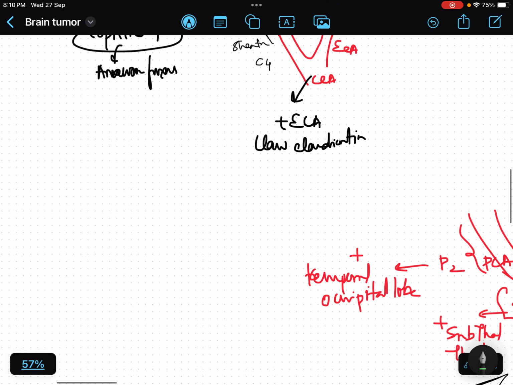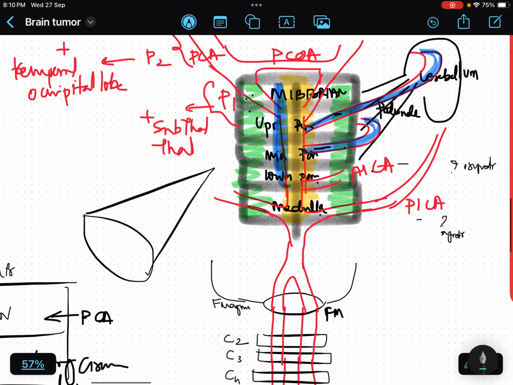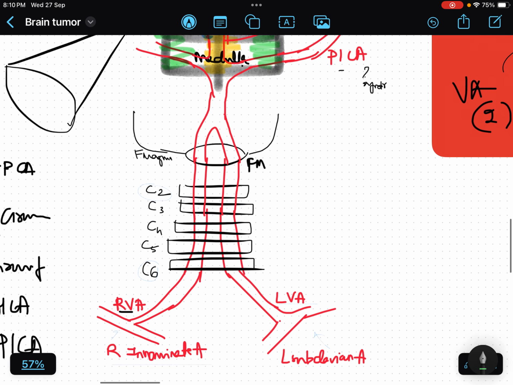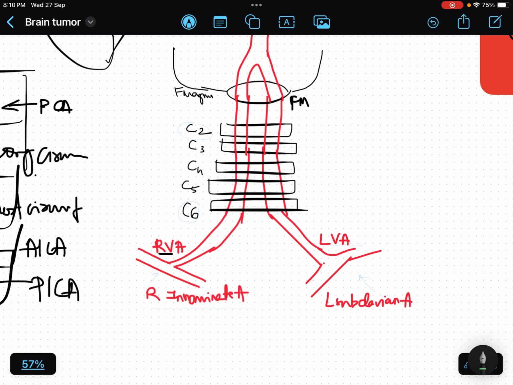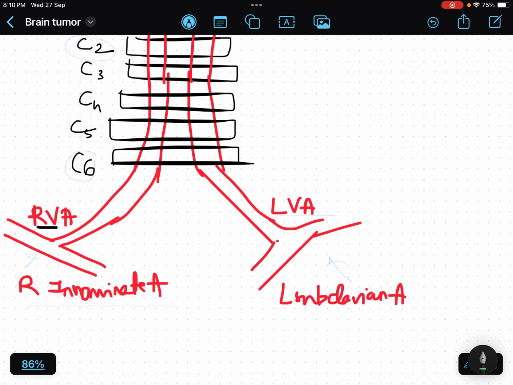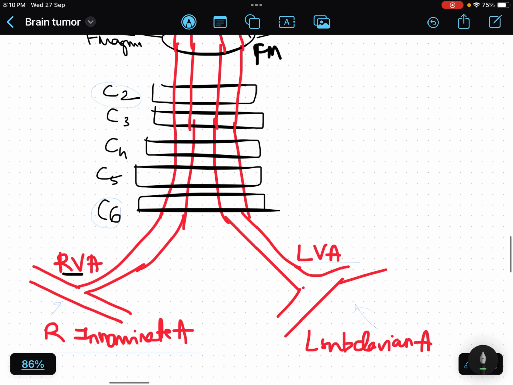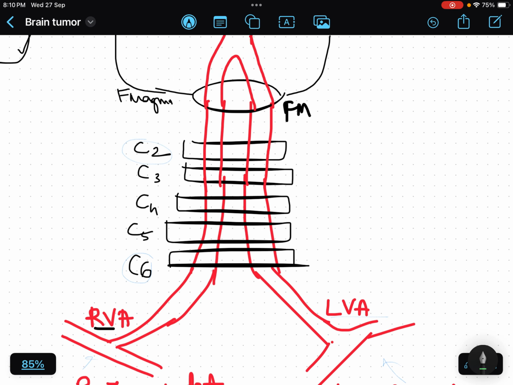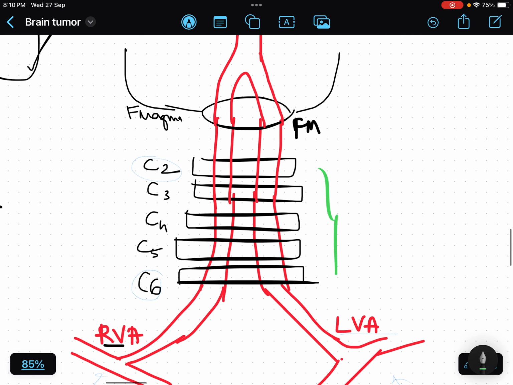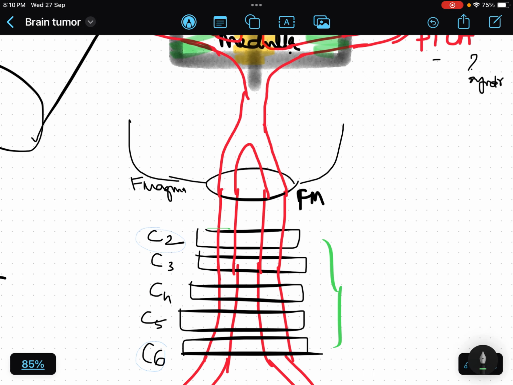Now coming to posterior circulation. Posterior circulation has the vertebral artery originating from the right innominate artery on the right side and the left subclavian artery on the left side. They enter the transverse foramen of C6 and go up till C2. This will be part 1. From C2 to the dura mater we will have part 2.